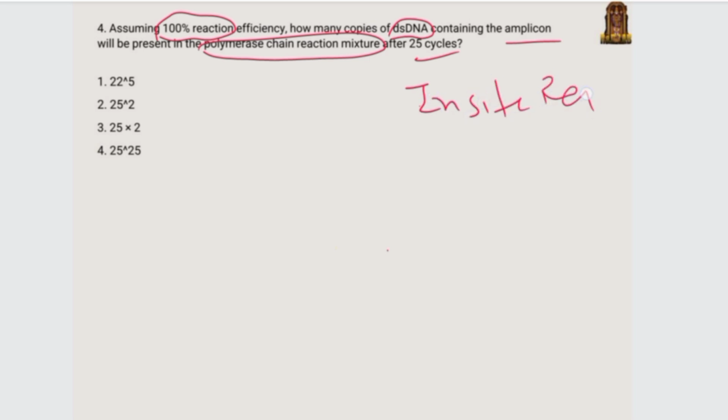Here is a question about the polymerase chain reaction, which has an efficiency of 100%, and you have to determine the number of DNA amplicons after 25 cycles. So what is the basic difference between PCR and in situ DNA replication?